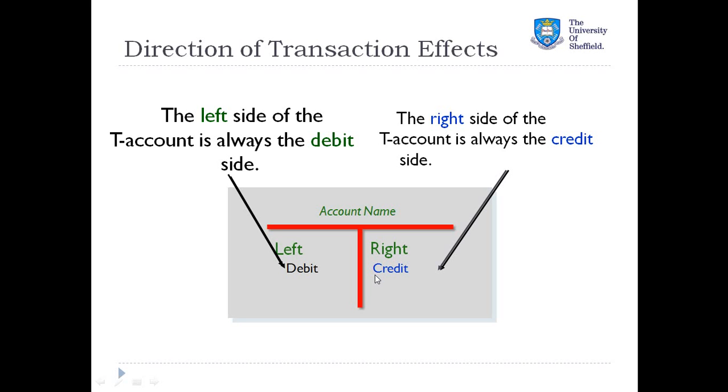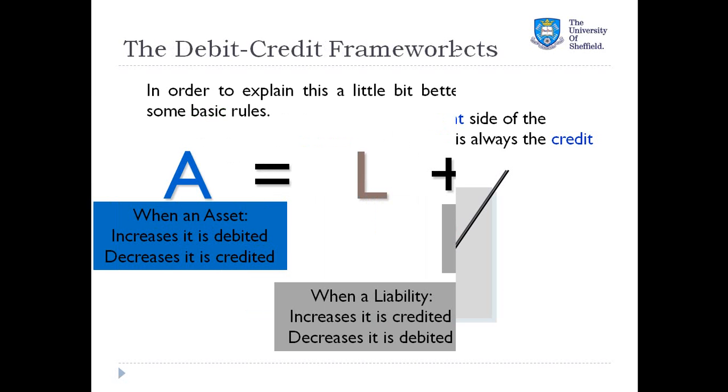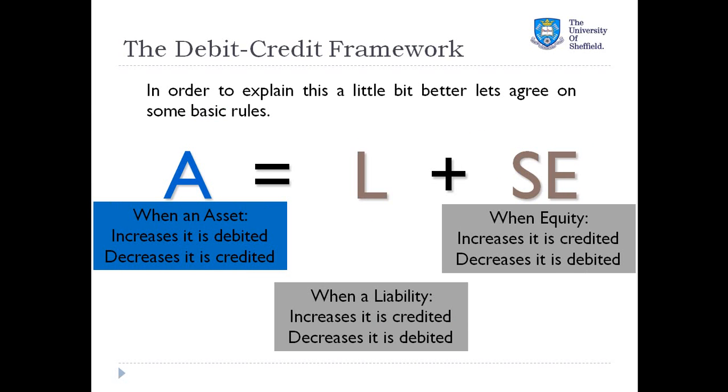Now, in order to explain this a little bit better, let's agree on some basic rules, because obviously we need to understand when we credit and when we debit something. So we have three categories of rules. First of all, the rules regarding assets.